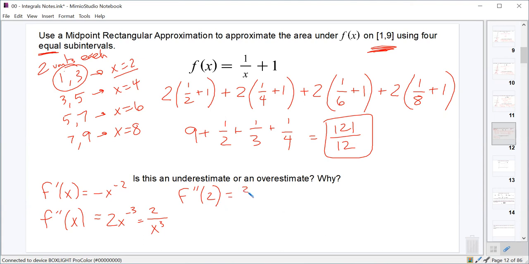What's f double prime of 2? Well, it's 2 over 2 cubed. That's 2/8. That's a positive number, which tells us this is concave up. And if we have a function that's concave up on an interval, then our midpoint rectangular approximation ought to be an underestimate.